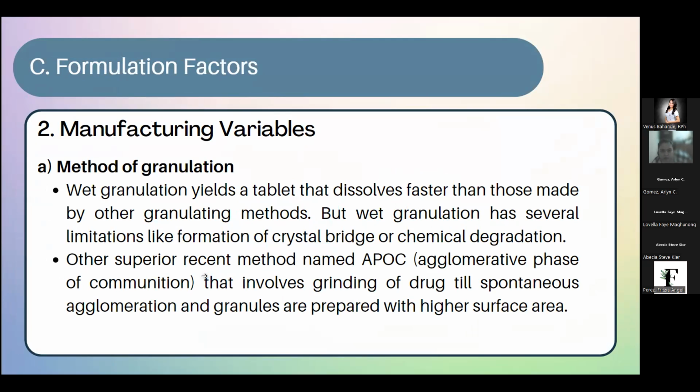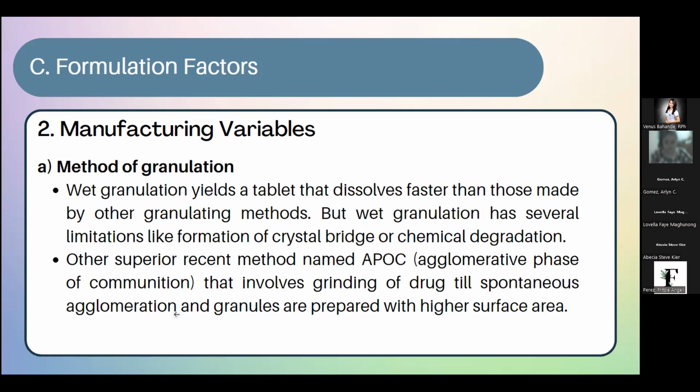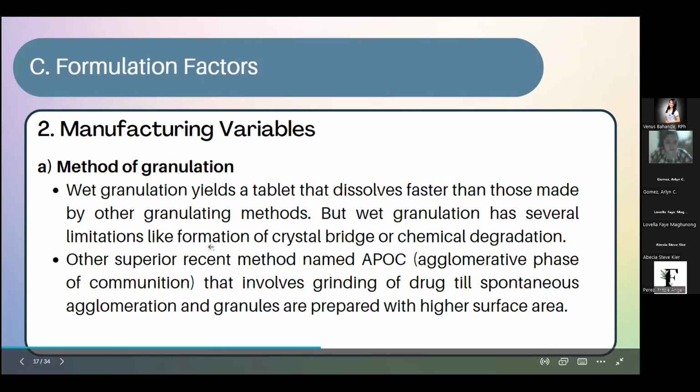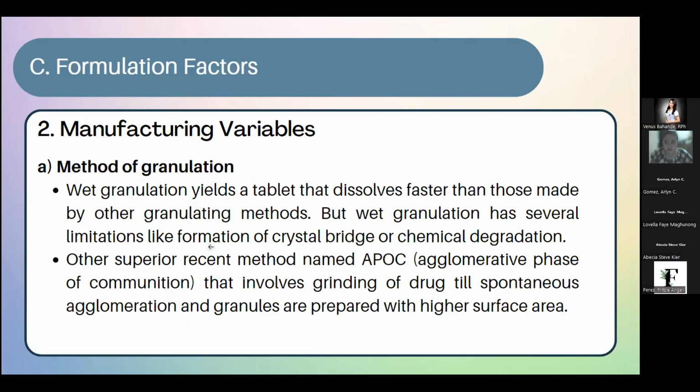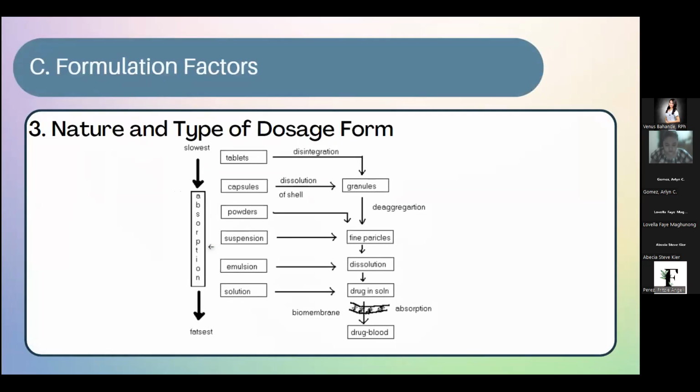Another superior method named the agglomerative phase of comminution involves grinding of the drug until spontaneous agglomeration, and granules are prepared with higher surface area. As I have mentioned before, the smaller the particle size, the greater the surface area, thus greater absorption.